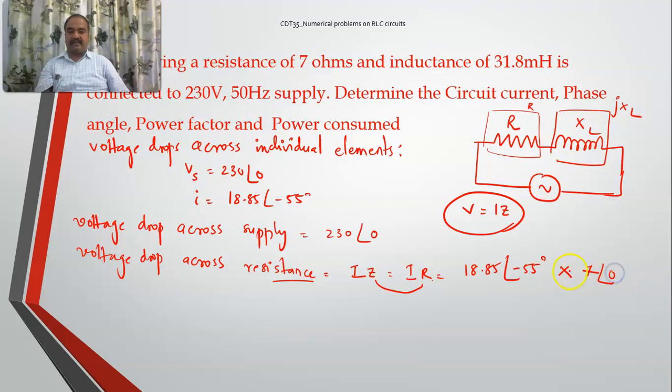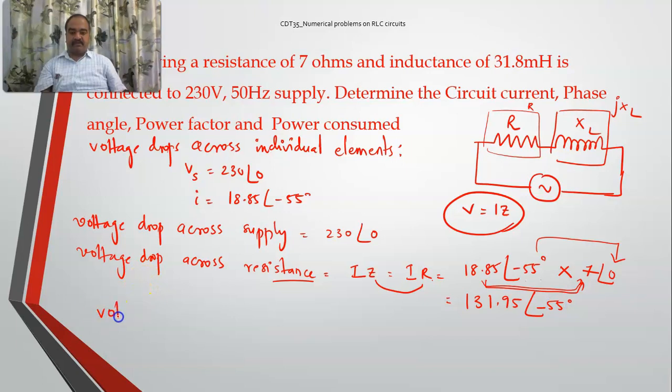If it doesn't have any angle, it is 0, right? Now if I multiply these two, 18.85 into 7, it is 131.95 volts, and the angle, I'll add the angles and just multiply the magnitudes, is minus 55 degrees.